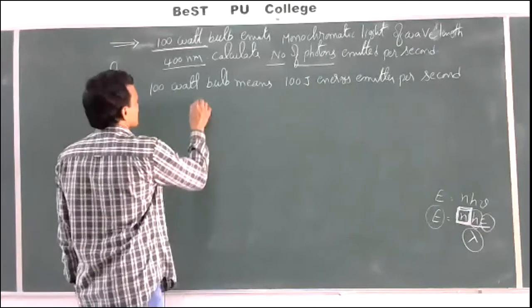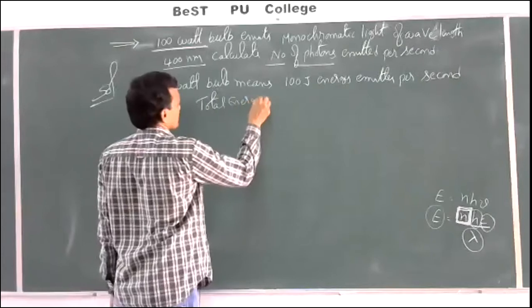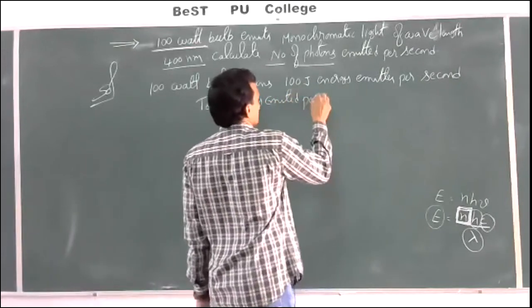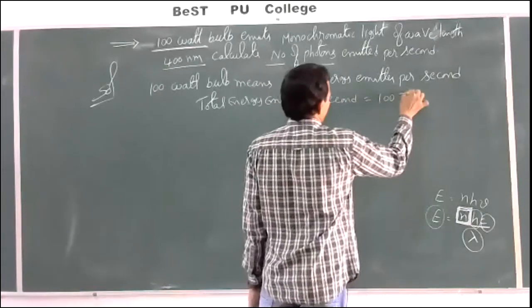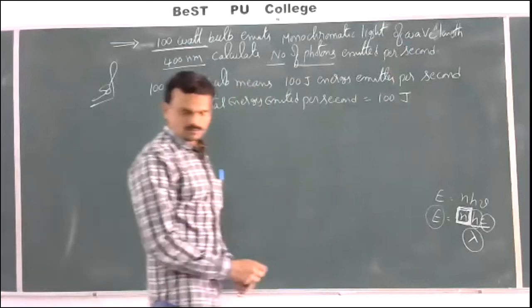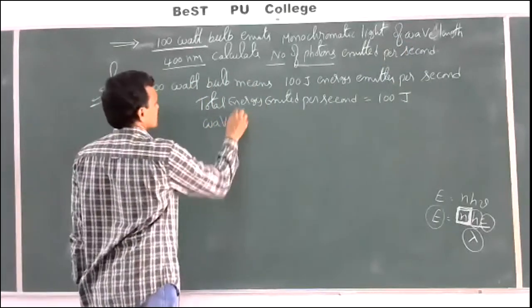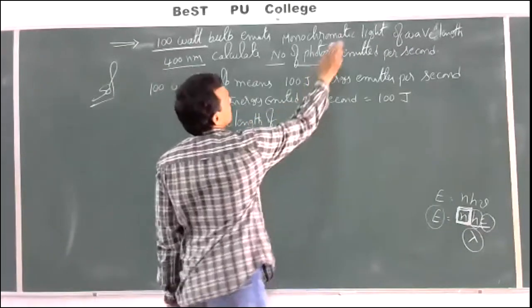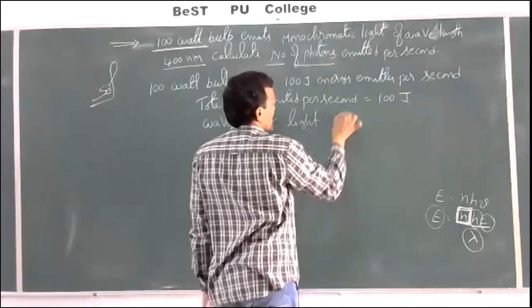Therefore, total energy emitted per second is equal to 100 joules. Next, wavelength of the light, which is nothing but lambda.